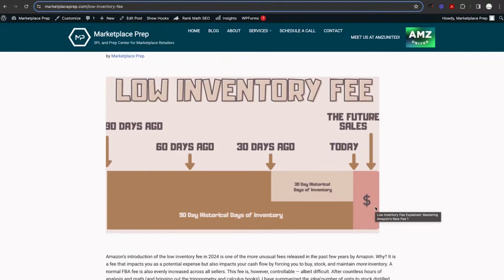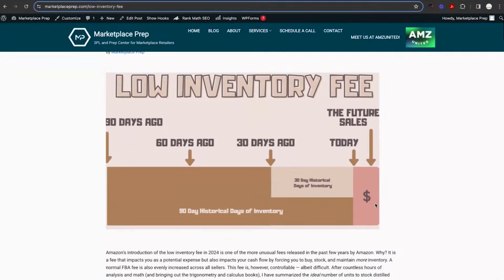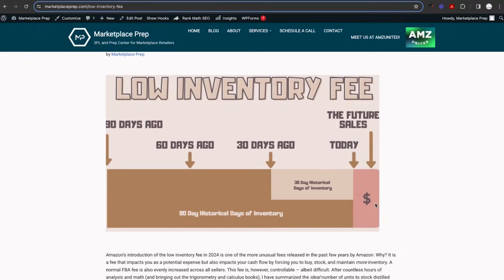So if you normally stock 30 days of inventory at Amazon, then you're going to have to boost your stock levels up, which will require more capital. It's not just an expense, it's also capital intensive. For those that tend to stock way more than that, it'll be less of an issue, but not a non-issue because there are a lot of caveats to that.